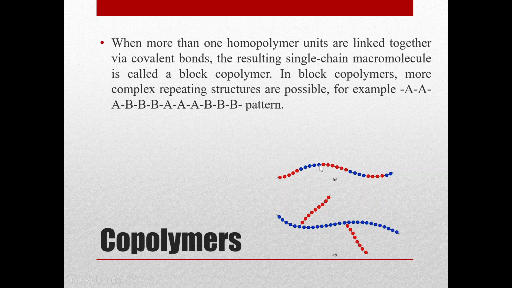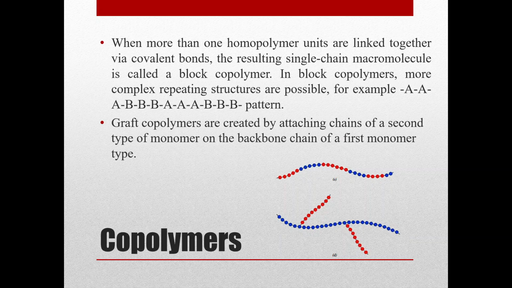If these blocks are connected via covalent bonds, then it is called a block polymer. In block copolymers, more complex repeating structures are possible. For example, AAA, BBB, AAA, BBB type of pattern, where you'll find blocks of two monomers appearing repeatedly one after the other.